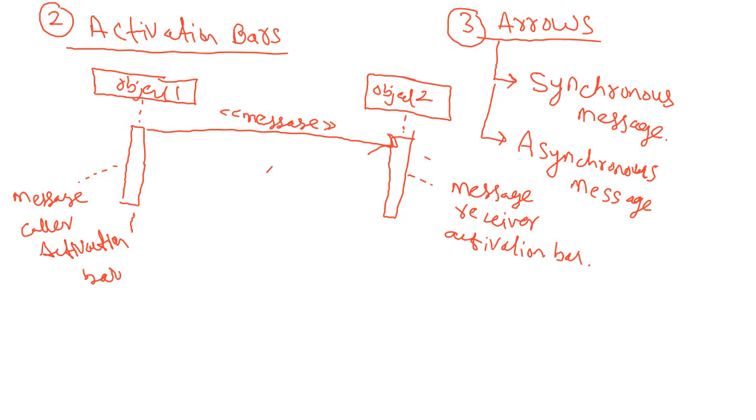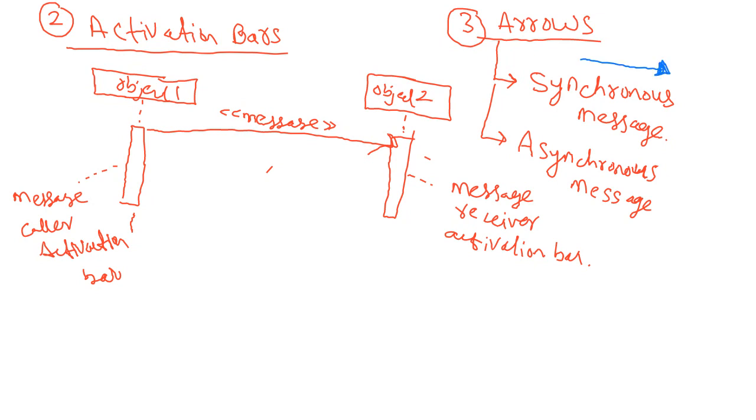Asynchronous message means an object sends a message and doesn't wait for a reply. When the reply comes, it will see. Generally, synchronous messages have an arrow that is filled like this. This is the symbol for a synchronous message.